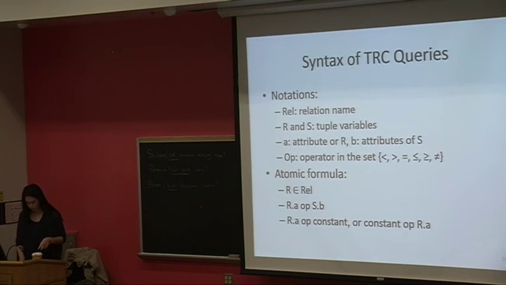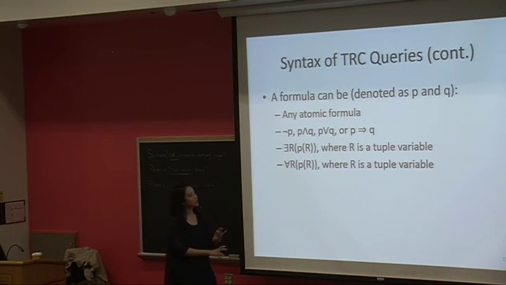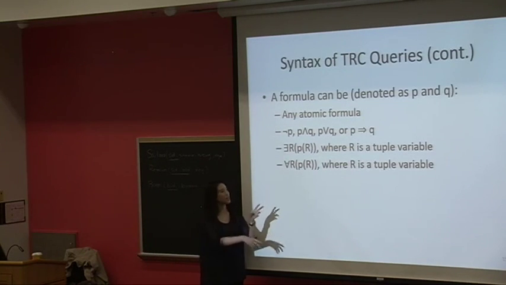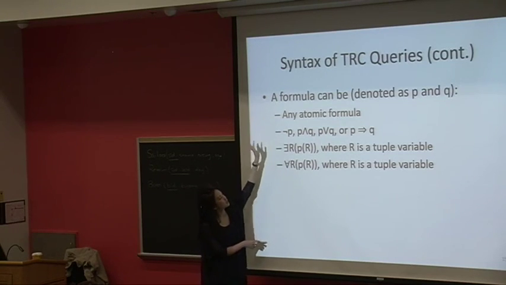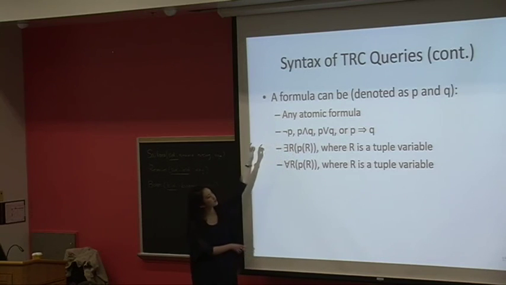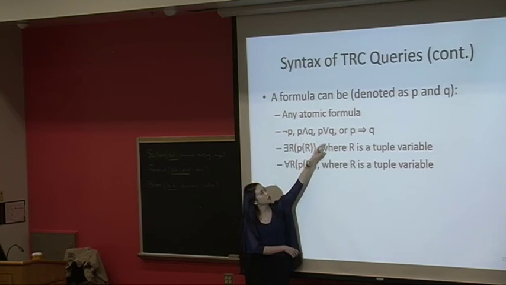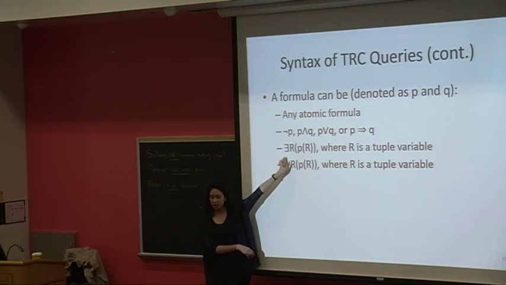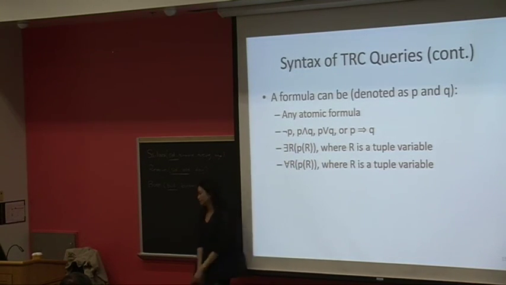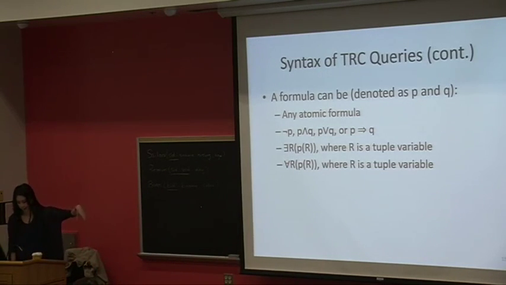And based on these atomic formulas, we can just combine them however we want. So on the right-hand side, when we talk about the criteria that the tuples should satisfy, you can either use just any atomic formula, or you can use it like this. It's either P and Q, P or Q, or P so that Q. And here, this means exists, and this means for all. So these are just what you will write on the right-hand side for the TRC.